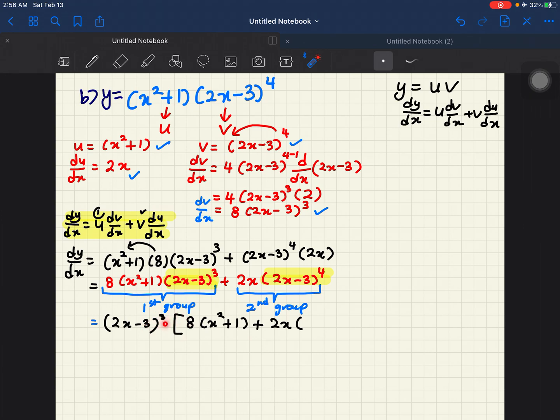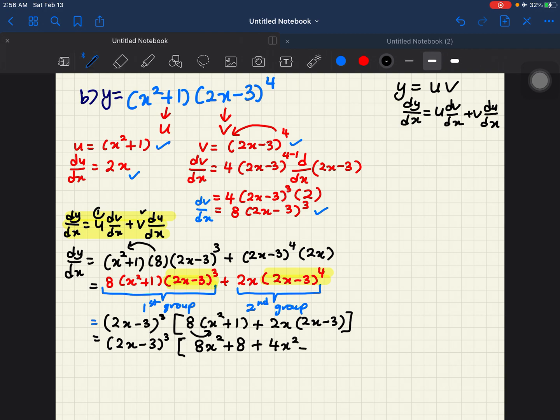Because we already took 3 in front, so inside it will become (2x minus 3) to the power of 1. So, what we do next is we have to expand. Okay, so let's expand. So, what happened is 8x squared plus 8. This one is done. And this one will become 4x squared minus 6x.